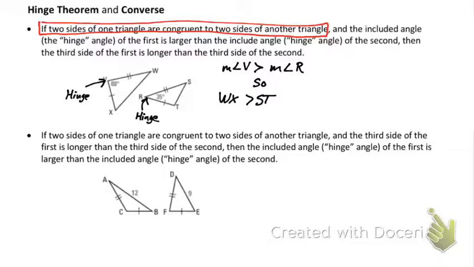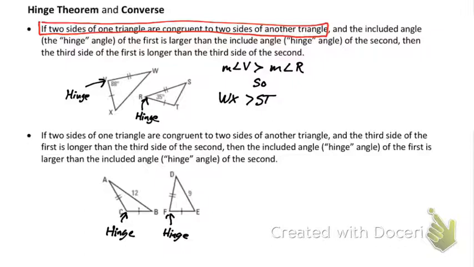So that makes our angle C a hinge angle, and it makes F a hinge angle. Now, either we know the hinge angle size, or we know the side opposite it. If you don't know either one of those, you don't have a hinge angle theorem. All right, it falls apart.